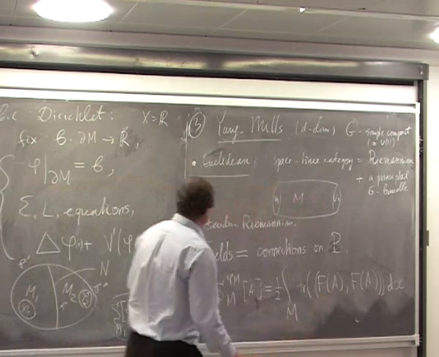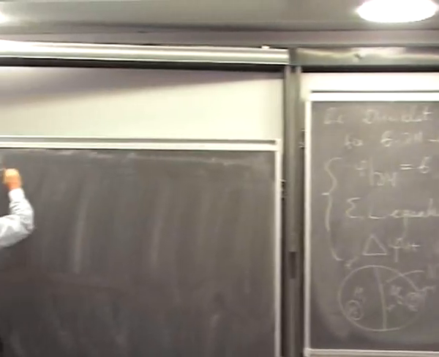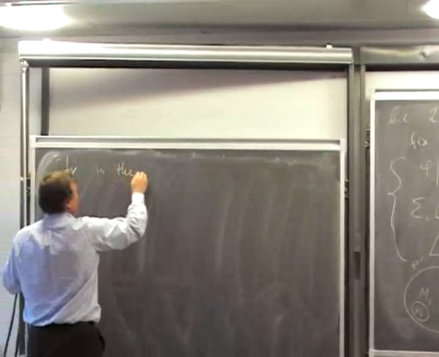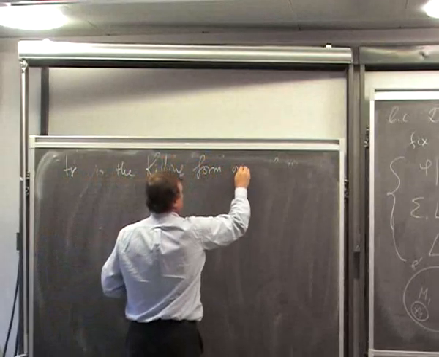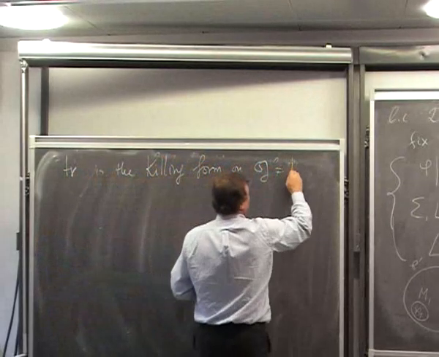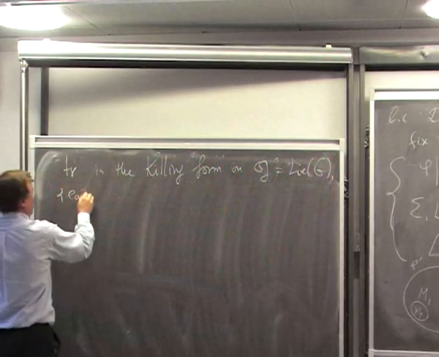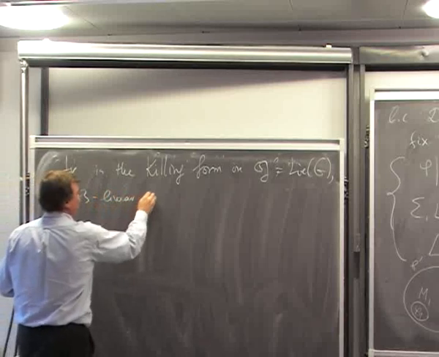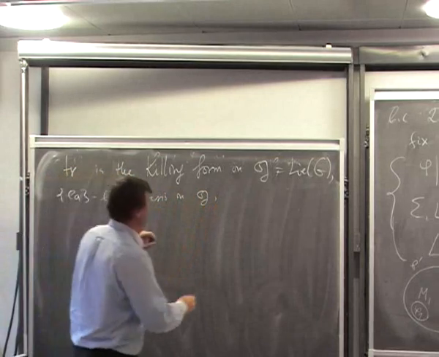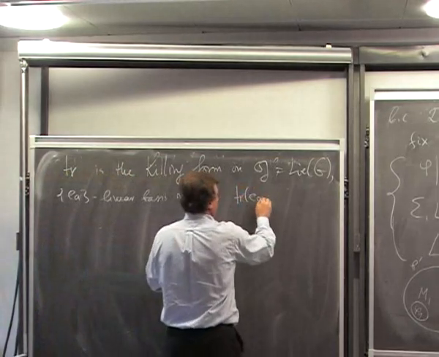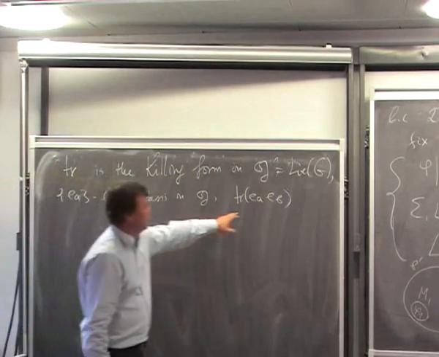So let me just explain the notations. Here, trace is the Killing form on the Lie algebra G of the Lie group G. So if E_A is a linear basis in G, then that's the bilinear form.